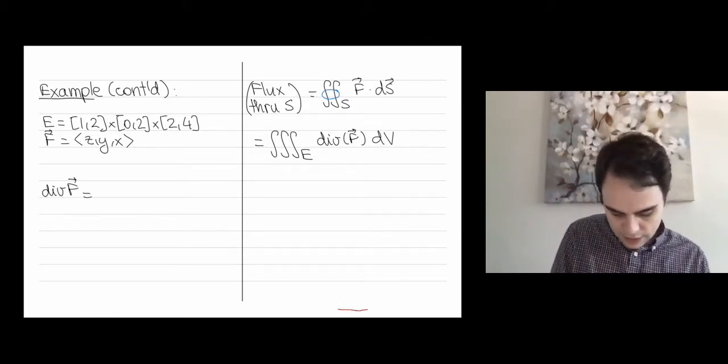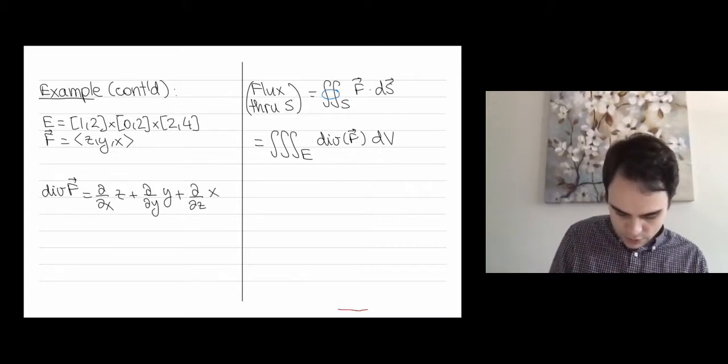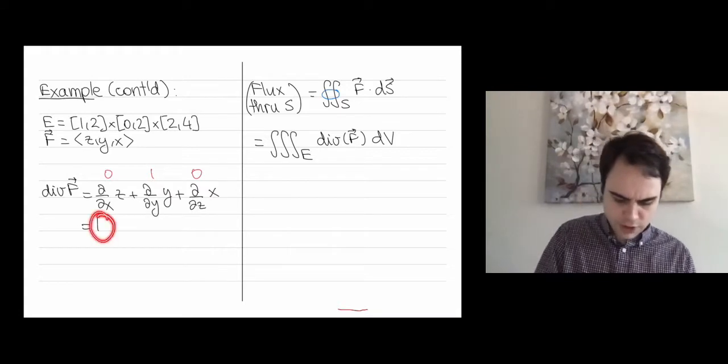That's the x partial of the first component, that's z, plus the y partial of the second component, that's y, plus the z partial of the third component, which is x. So that's 0 plus 1 plus 0, that's just 1. This function is constant and equal to 1.